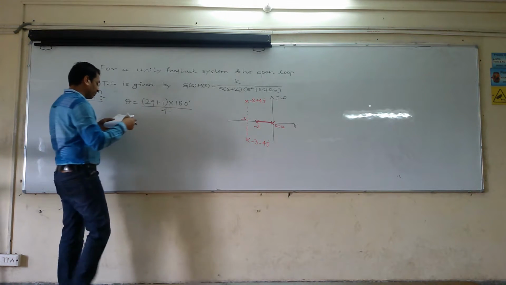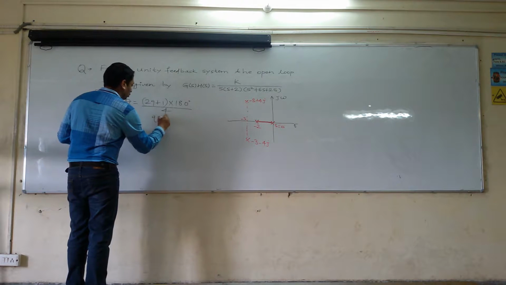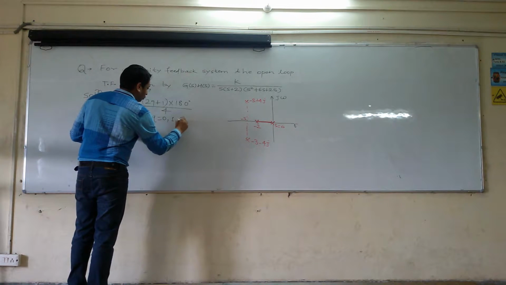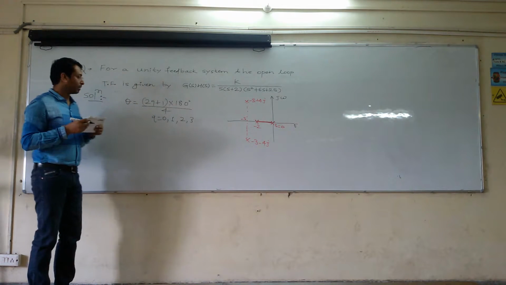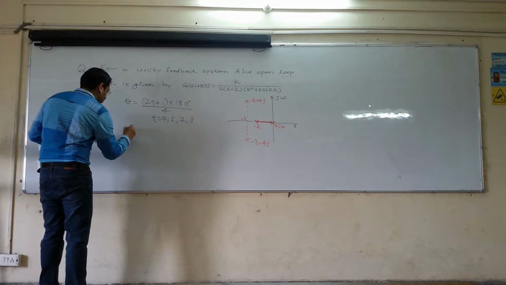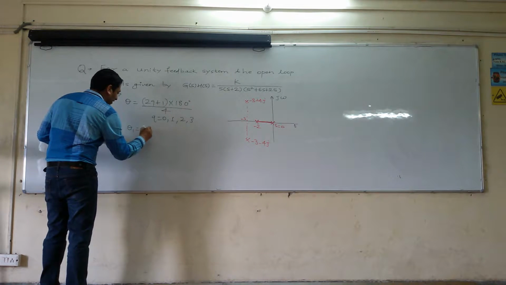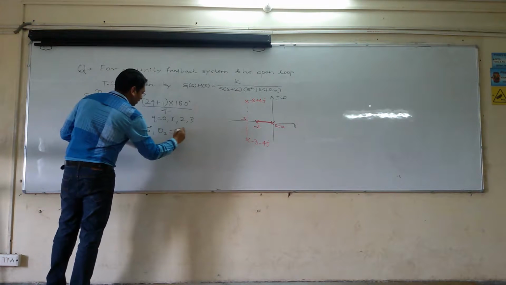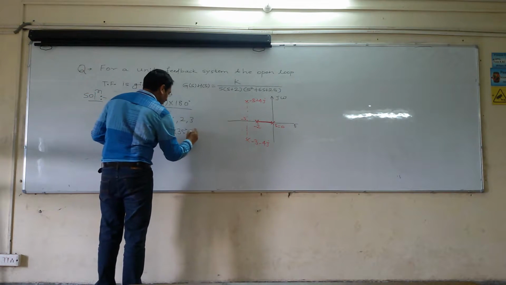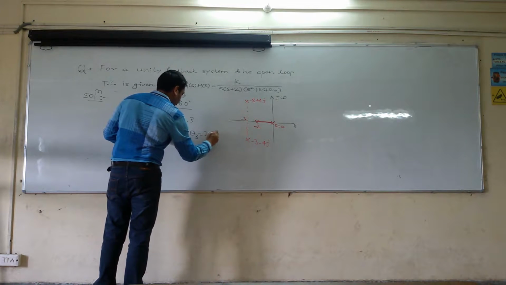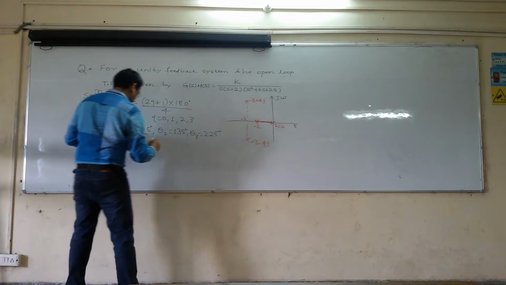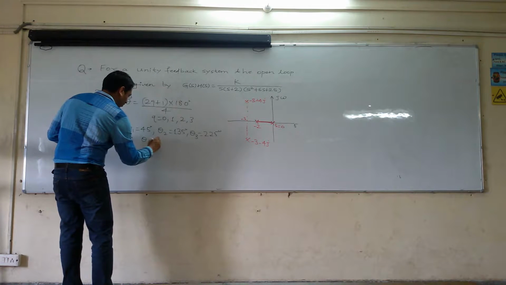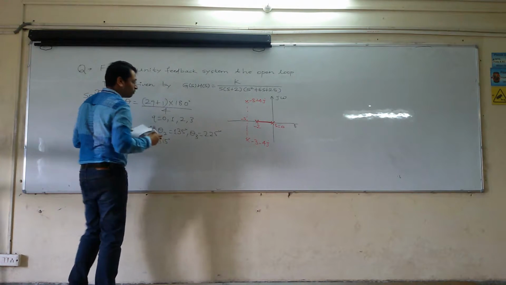So put the value of q is equal to 0, then 1, then 2, then 3. What you will get? You will get theta 1 is equal to 45 degree, theta 2 will be equal to 135 degree, theta 3 will be equal to 225 degree, and theta 4 will be equal to 315.